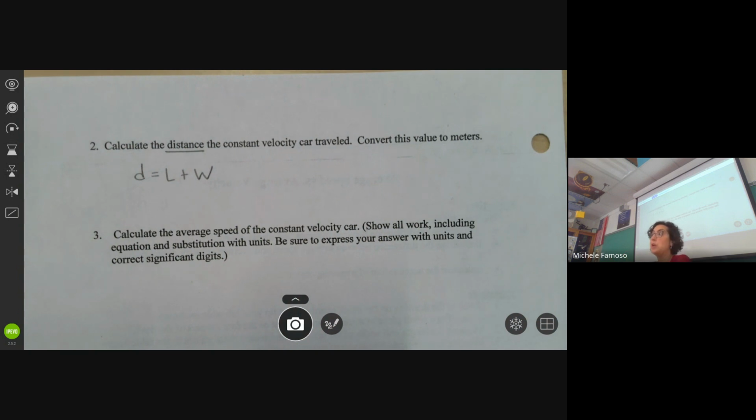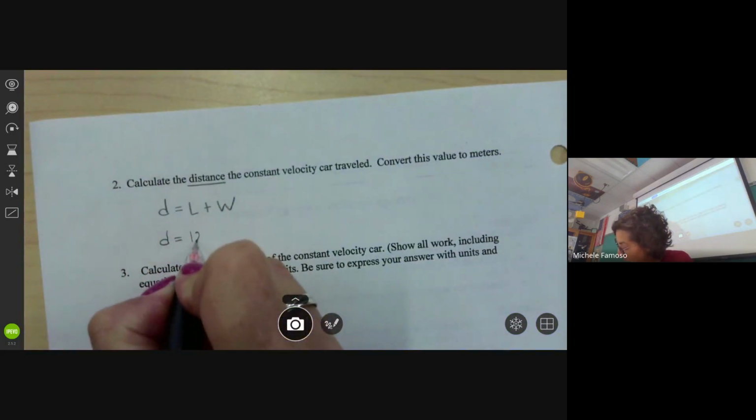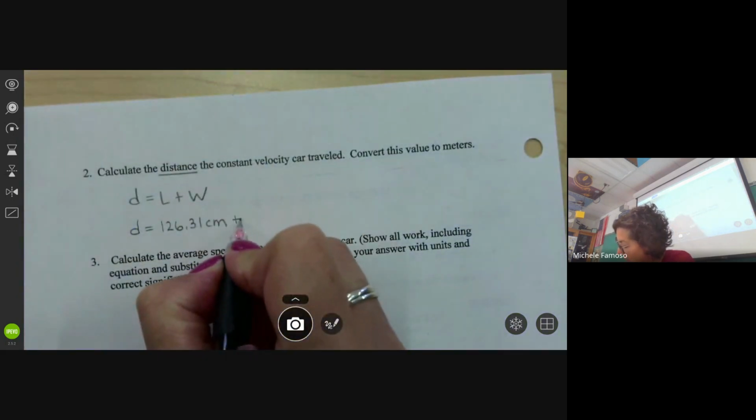We always start with an equation, and that's my equation. Now you're going to do your substitution with your units. You're going to get your values from your first table. Make sure you follow that with the unit of centimeters from the column heading.